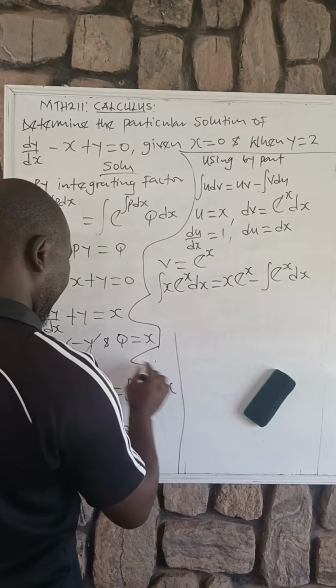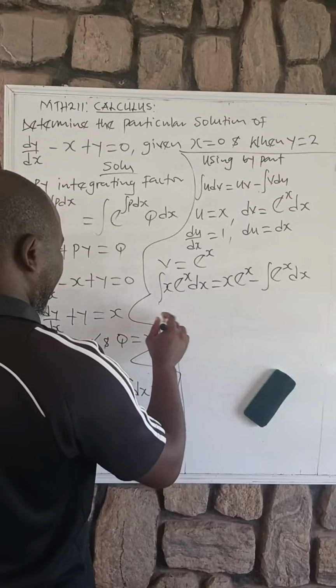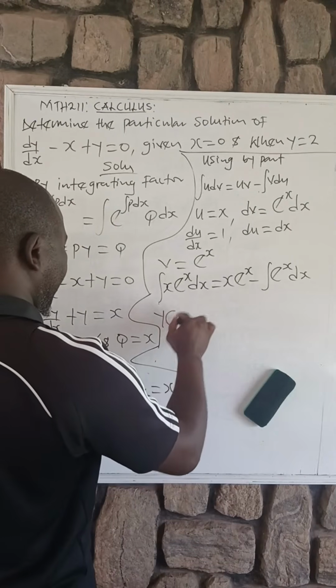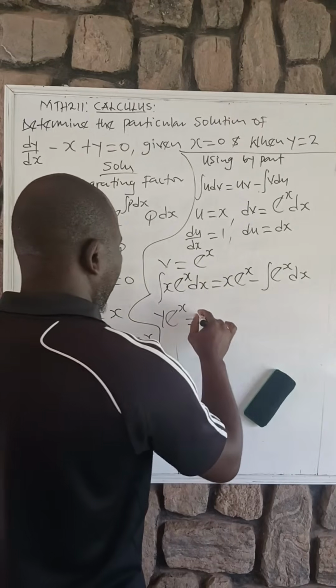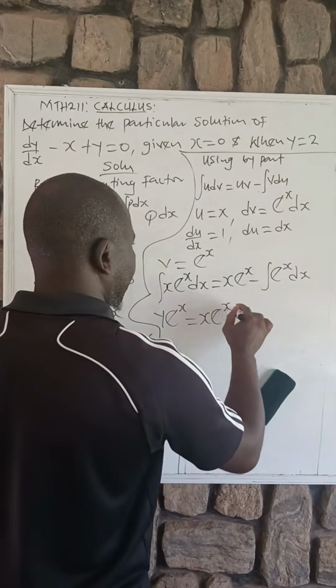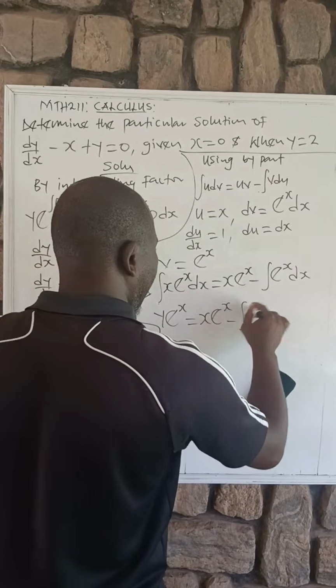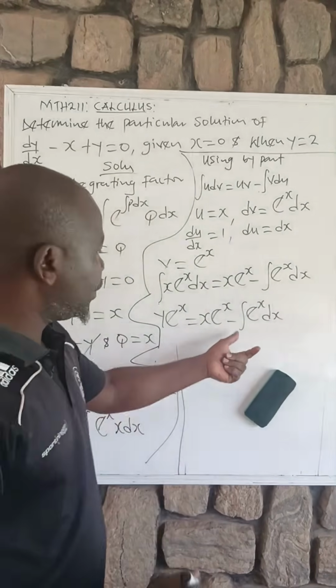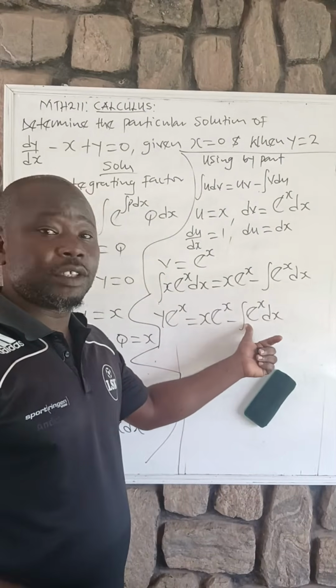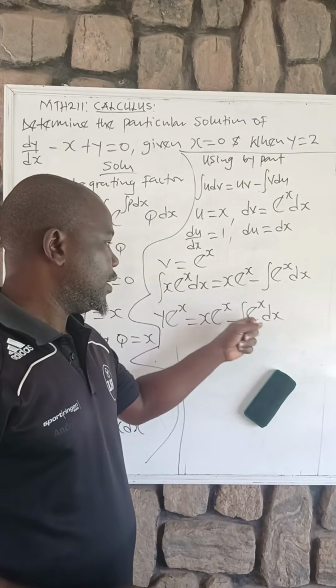We now write our y exponential x equals x exponential x minus integral exponential x dx. For the fact that an integral still exists, it means we are still going to integrate this part.